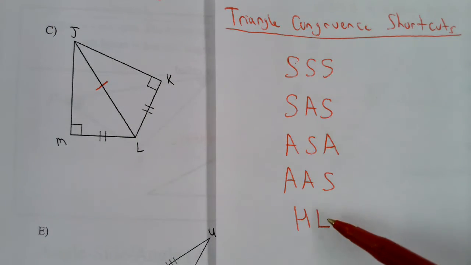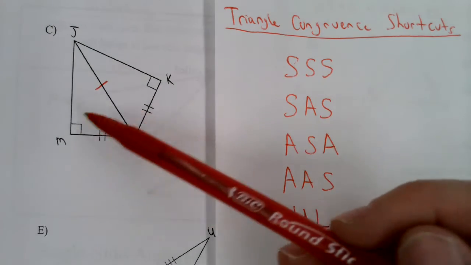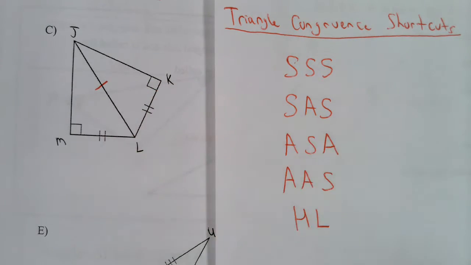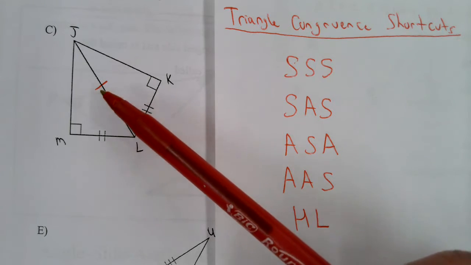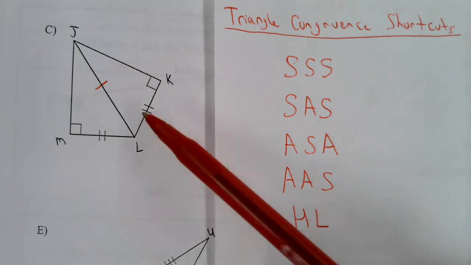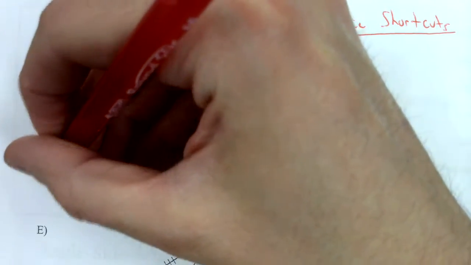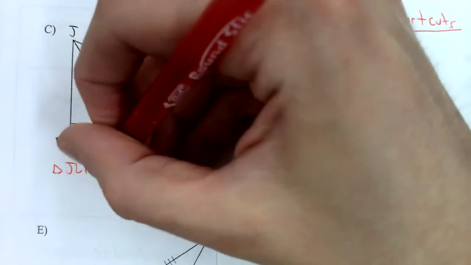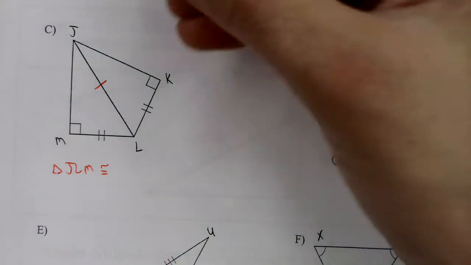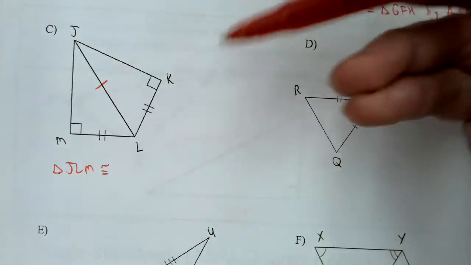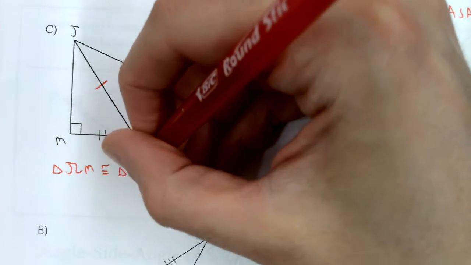And now you'll see it's going to be hypotenuse leg because we have the right angles, and therefore we have the right triangles. You have the hypotenuse congruent to itself, and you have the legs congruent. So I'm going to say triangle JLM. You should go in the same order for the next one. JLM is congruent to triangle JLK by HL.